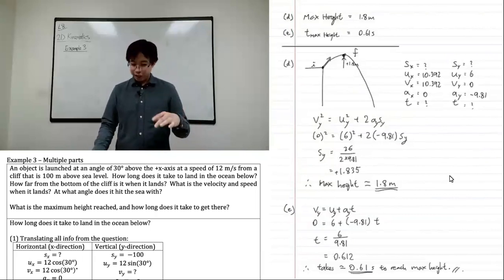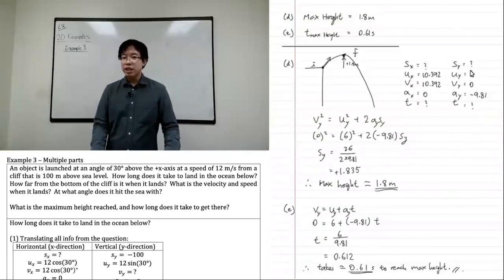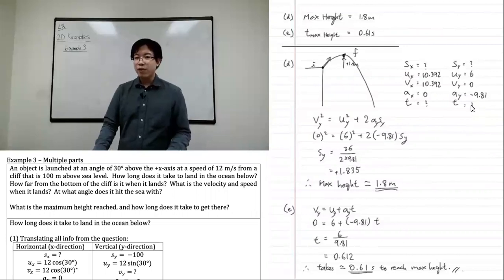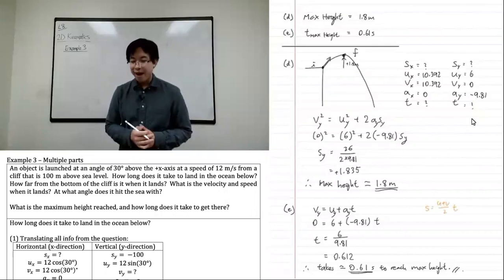Just for completeness as well, just to show you, if you have time in the exam, it's a good way to check your answer with a different formula, right? So now that you have all the, for example, the last part, try to use a different equation. For example, let's go with the other one that is S equals U plus V over 2 times T, right? We haven't used this in a while.